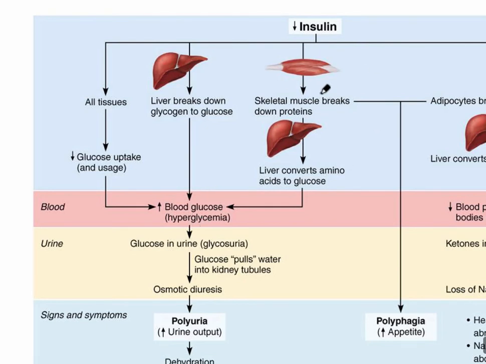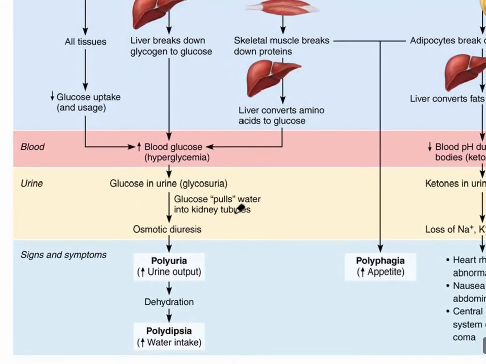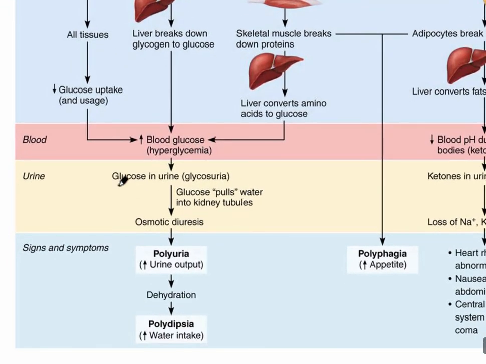Skeletal muscle stores are also going to be empty. They store glucose, so that will be emptied to go into the blood. So that would lead to hyperglycemia. And then the result is there's so much extra glucose in the blood that a lot of it spills out into the urine at the kidneys.